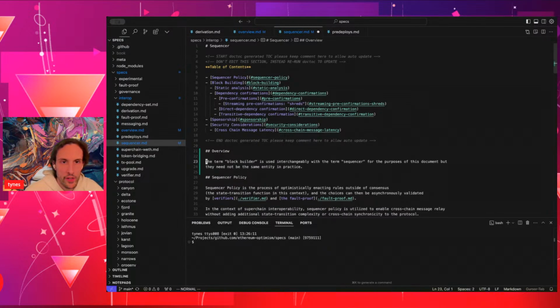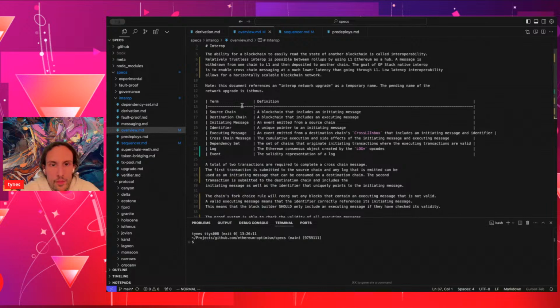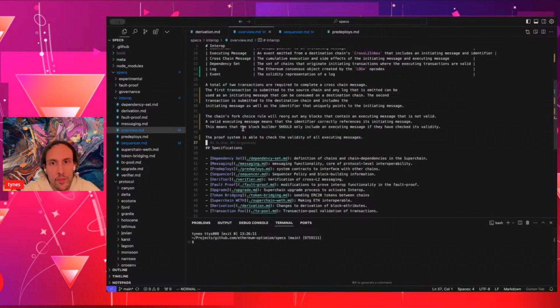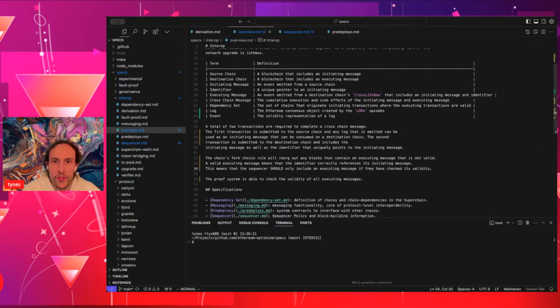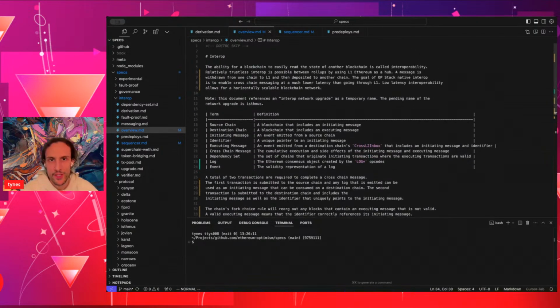Let's move this over here. People are going to get so confused. What's a sequencer? What's a builder? What's a searcher?